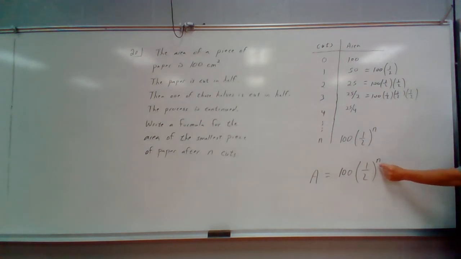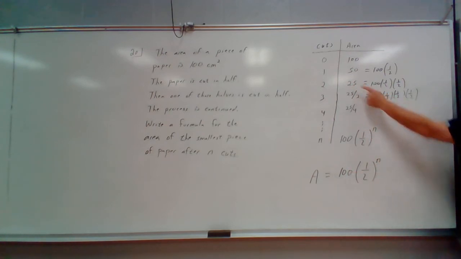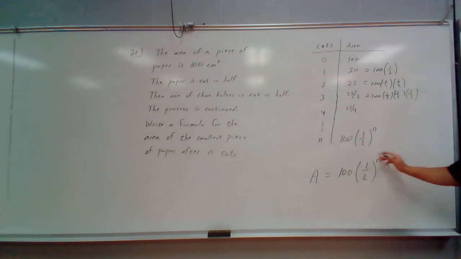So when n is 0, so after we've not made any cuts, 1/2 to the 0 is 1, we've got 100. After 1 cut, put in a 1 for n, 100 times 1/2 is 50. After 2 cuts, 1/2 squared is 1/4, 100 times 1/4 is 25, and so on. So there's our formula.